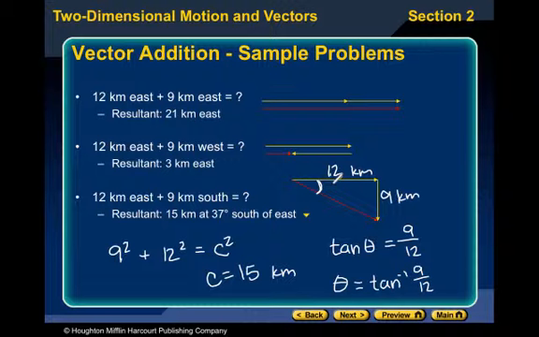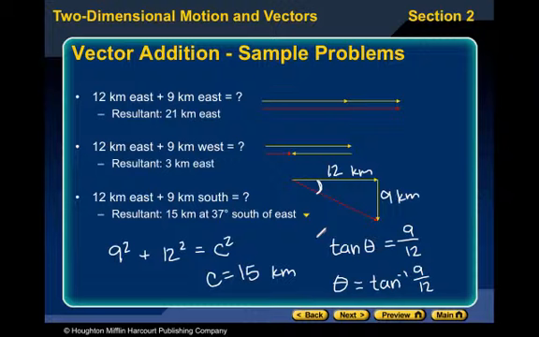Well, we could use 15 and use sine or cosine. But if you use 15, then you're not quite as exact. You want to use all the numbers that they give you. That will give you a better answer.